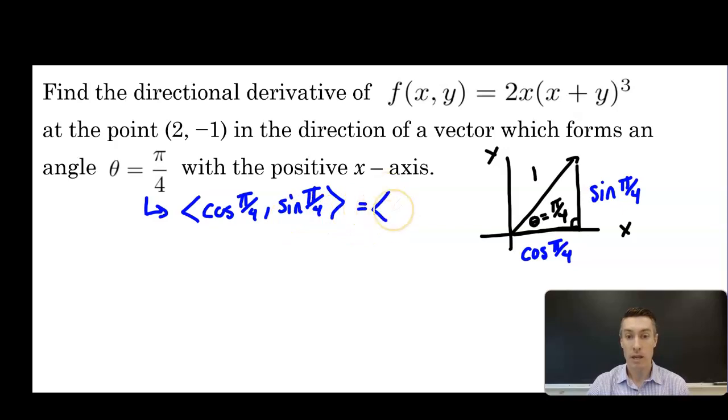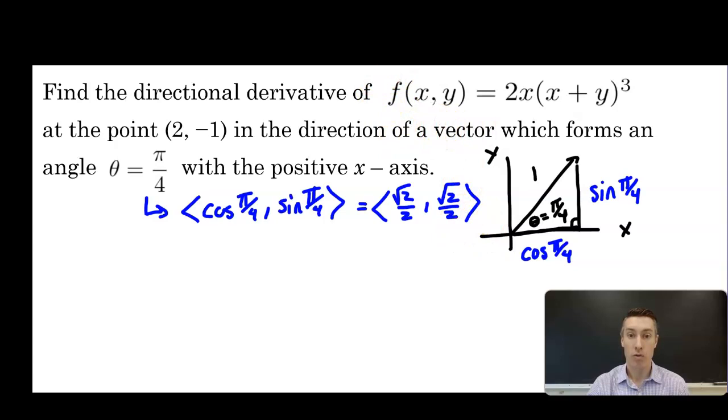So that's going to be square root of 2 over 2, square root of 2 over 2. And the nice part about this vector is it will be a unit vector. Cos squared plus sine squared is equal to 1. And we can check it with the value square root of 2 over 2 as well. So now we have our unit direction vector.